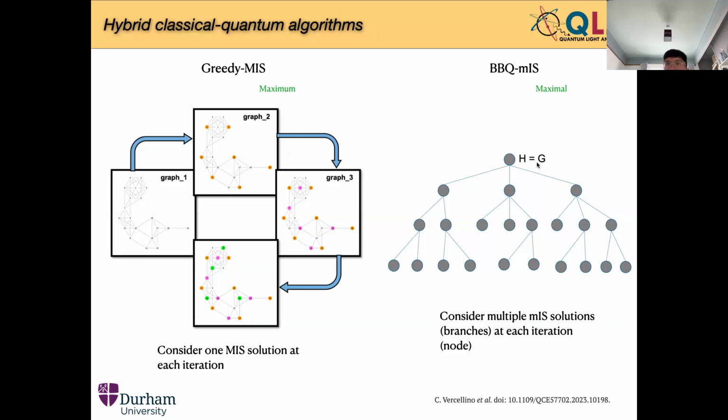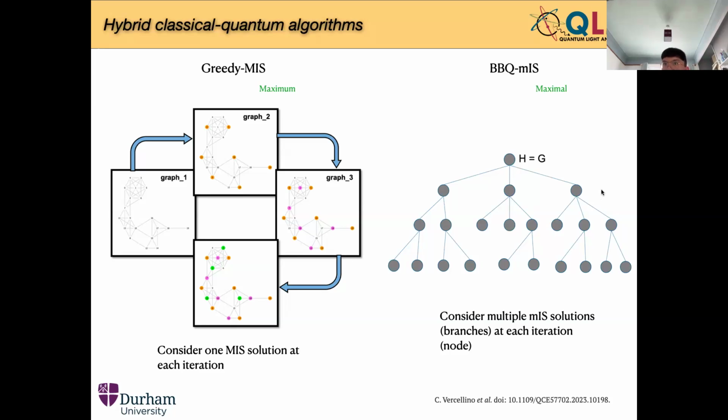And each node will contain the subgraph of the problem that has had the maximal independent set from the previous node removed already. So for example, we got the first node here, which is the original graph, and then you solve to find the maximal independent set. But right now, you consider multiple MIS solutions. For example, from this graph, we can have 3 maximal independent solutions.